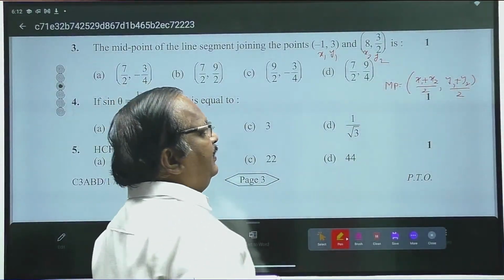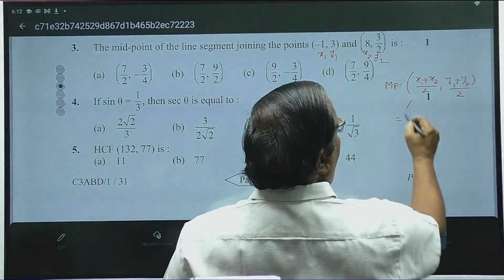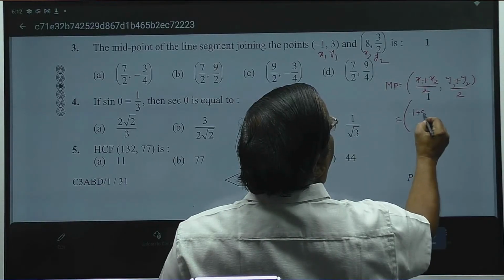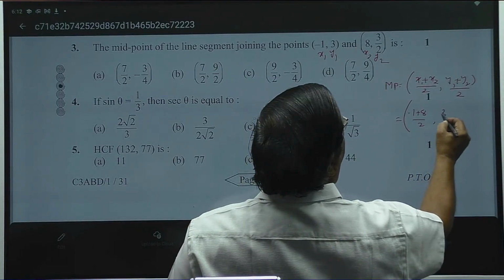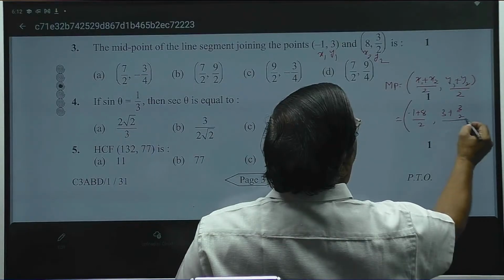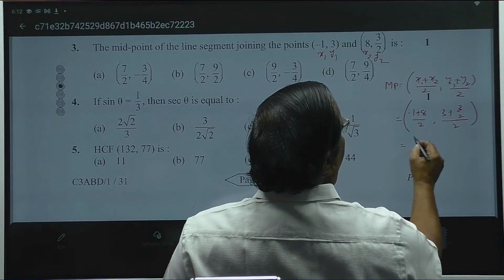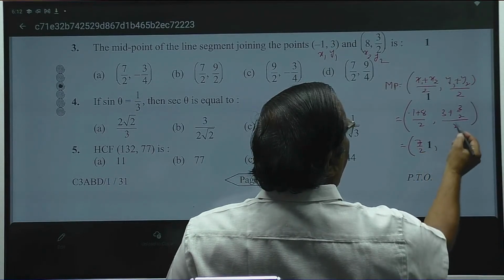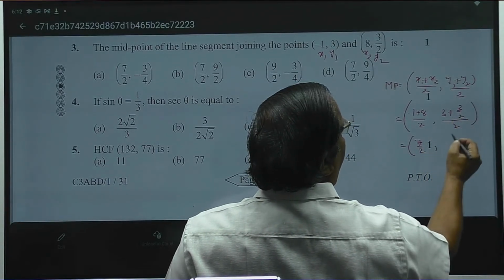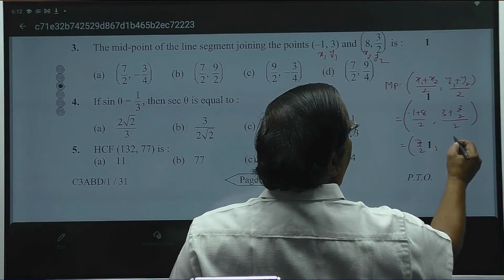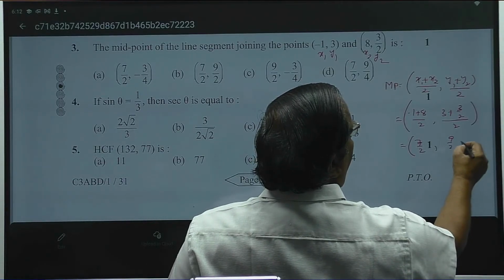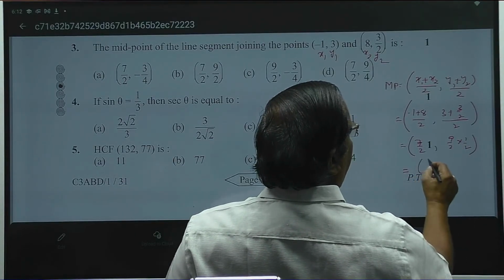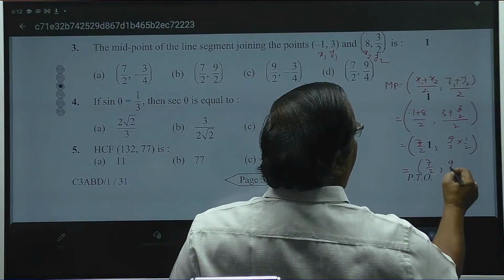Now x1 is minus 1, so minus 1 plus 8 by 2, 3 plus 6 by 2. So 7 by 2, comma 9 by 2 into 1 by 2. So how much? 7 by 2, comma 9 by 4.